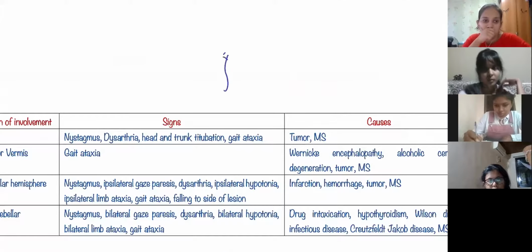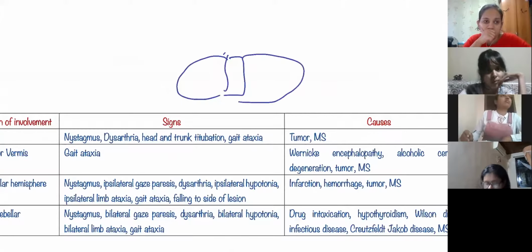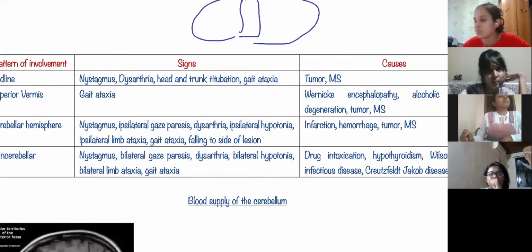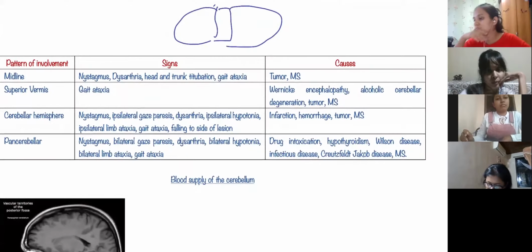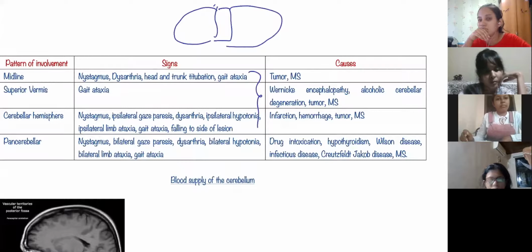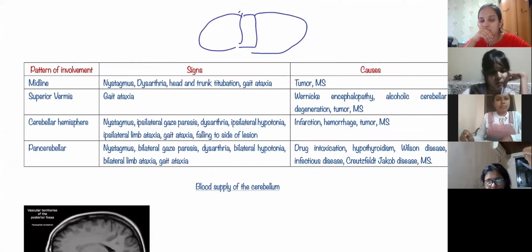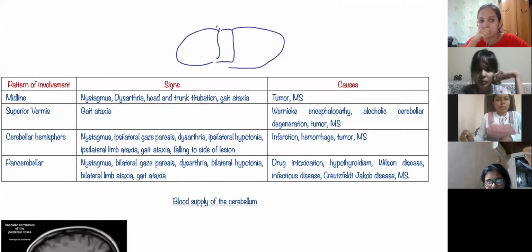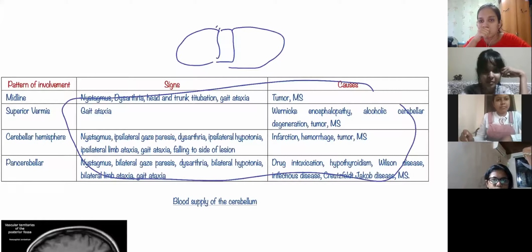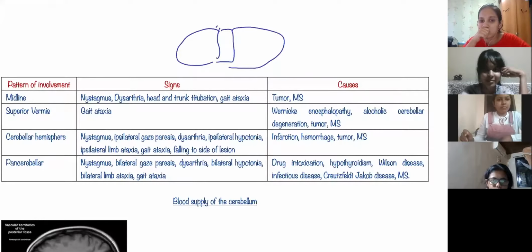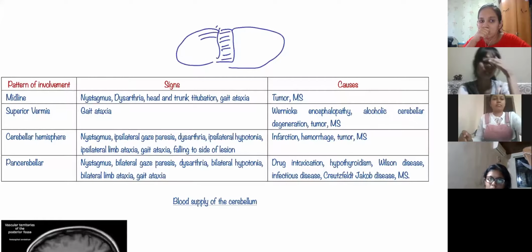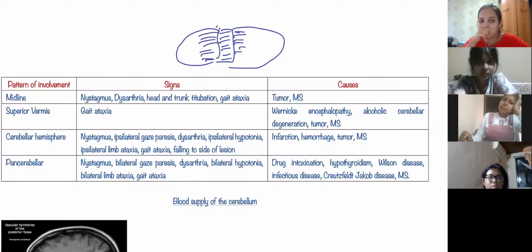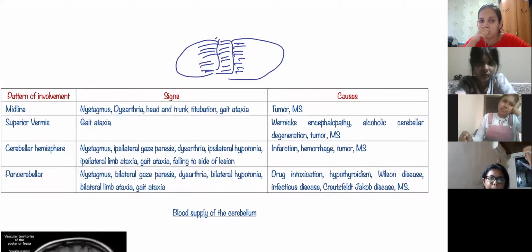If it is trunk ataxia, so if you study this in a university which uses PPTs, you will get this list to memorize. You will not understand exactly what it is. That's why I said understand, then go to your university and memorize these. So vermis is trunk, paravermal area is limbs.